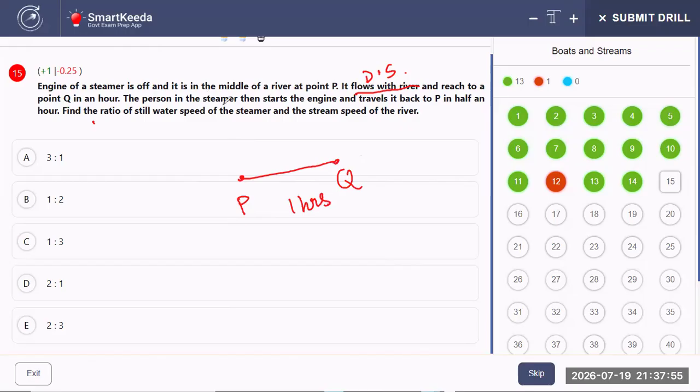The person in the steamer then starts the engine and travels back to P in half an hour.